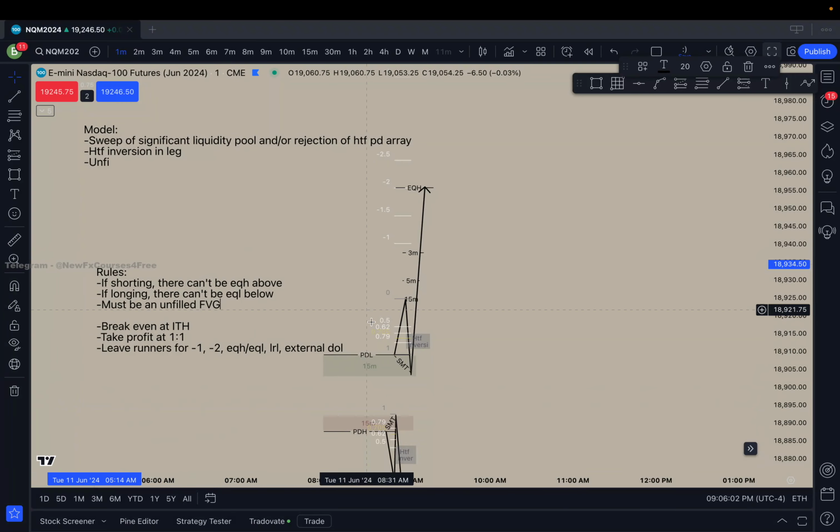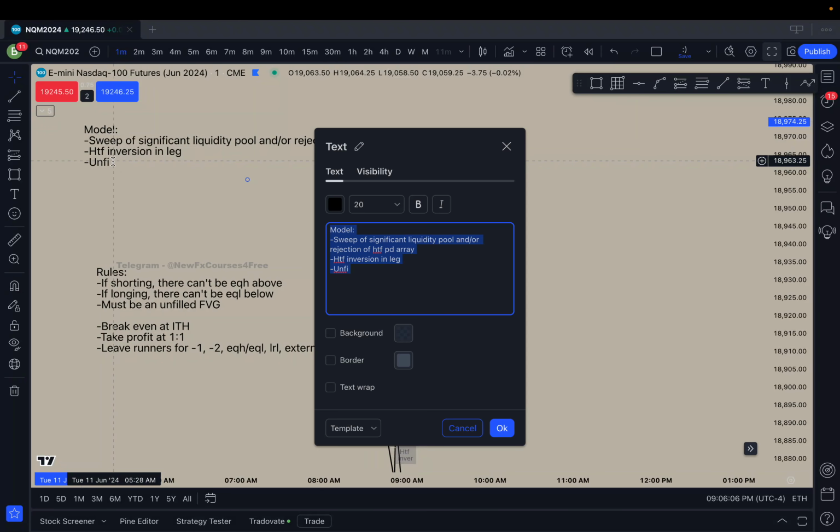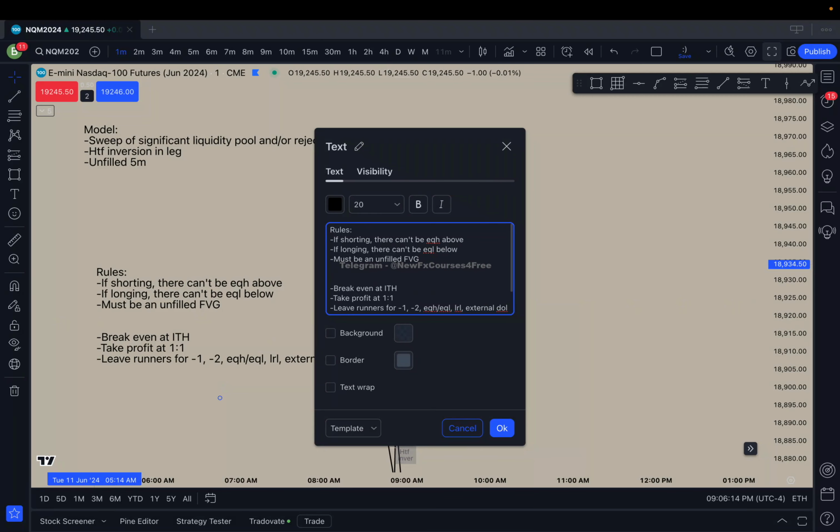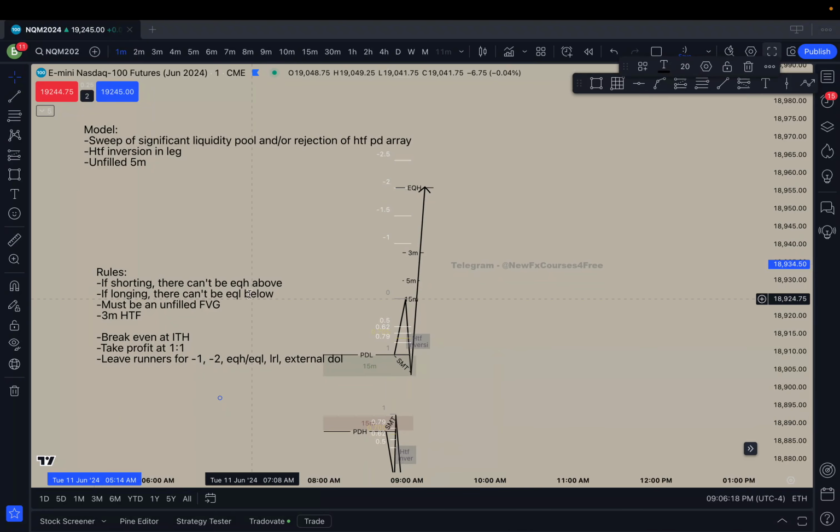This must be an unfilled fair value gap. It can't have been traded to already. It's 5 minute, 3 minute as a minimum, 3 minute is the lowest.